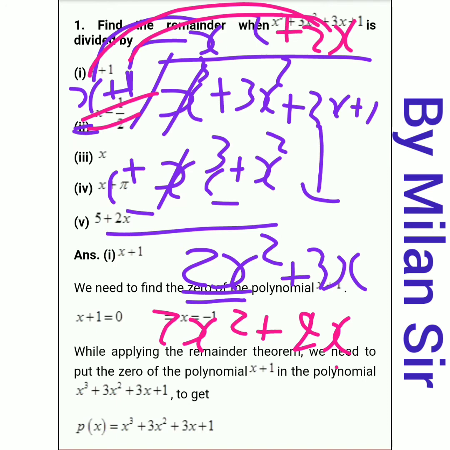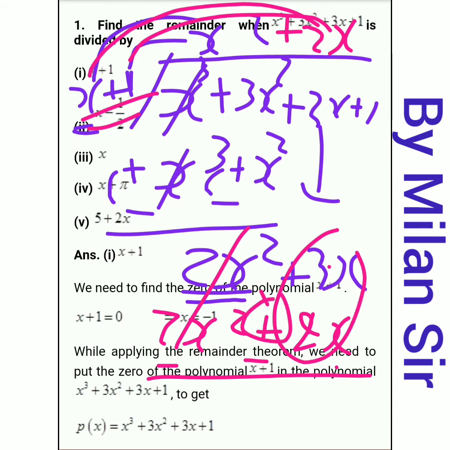Then we do the subtraction. 2x square cancels. Here 3x minus 2x; we do not need to consider this sign, it is already changed to minus. So 3x minus 2x is 1x, and plus 1 comes down.